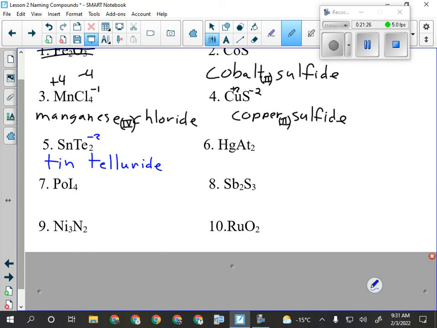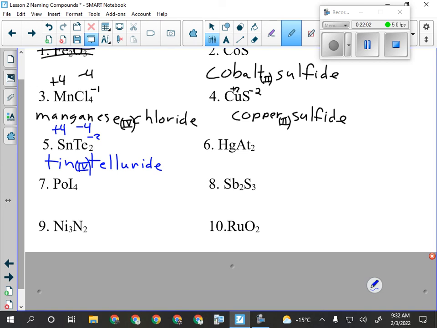How many telluriums are there here? 2. So -2 times 2 gives me a total of 4 negative charges that need to be balanced by this tin atom. So this single tin atom has to have a charge of +4. So this will be tin, Roman numeral 4, telluride. Questions on 5?